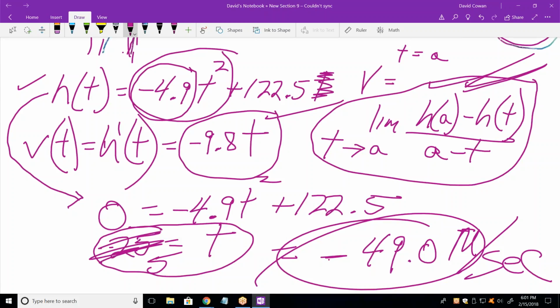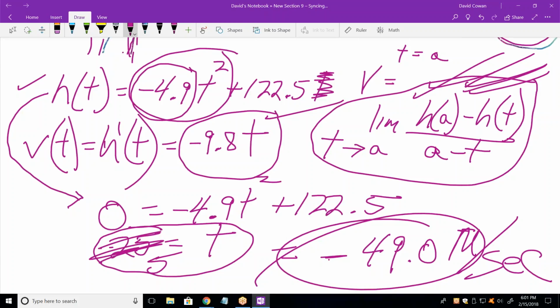Truly, this limit quotient definition is one of the hardest things you'll do the whole semester. And once you learn the power rule, the product rule, the quotient rule, and the chain rule, you never use it again. So you don't ever go back to it, because now you have four much easier ways to take the derivative of a function.